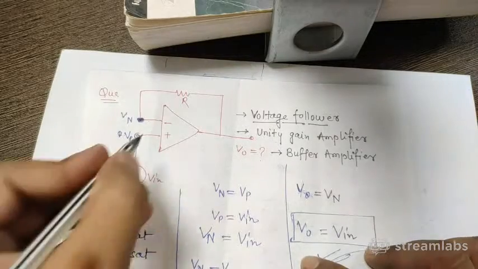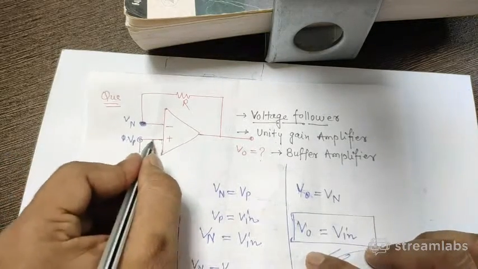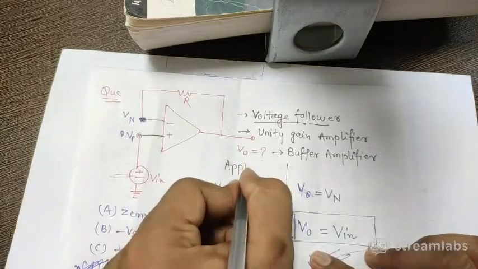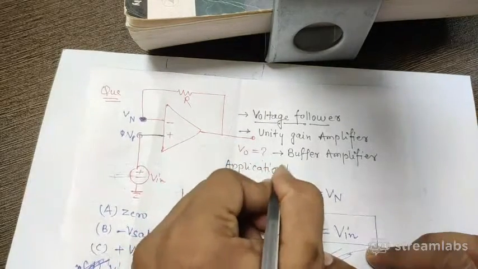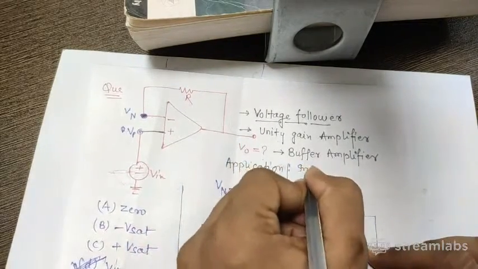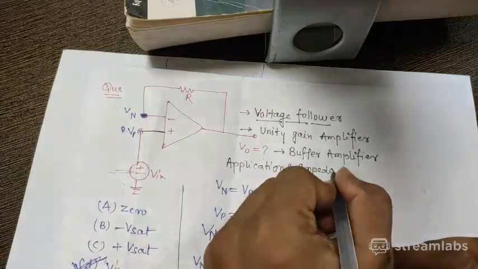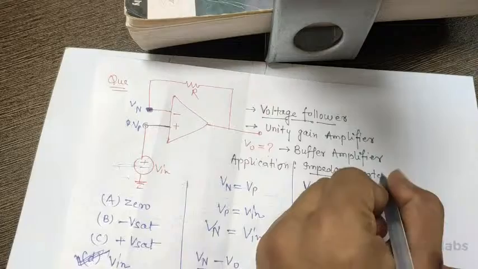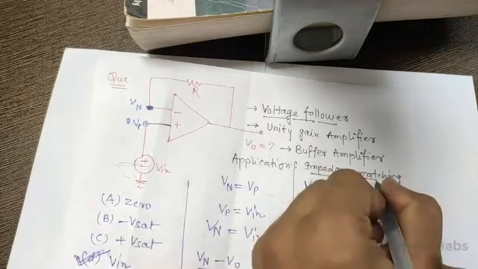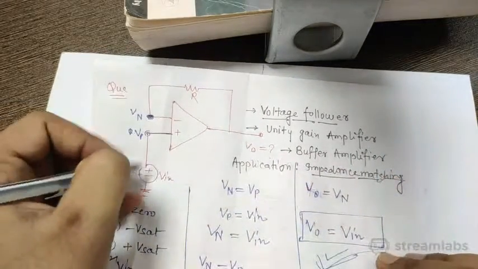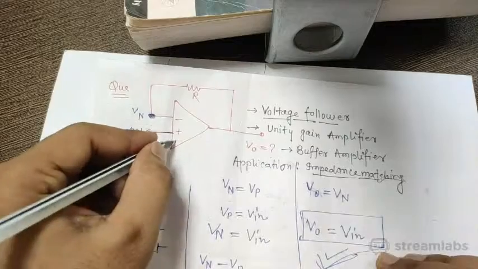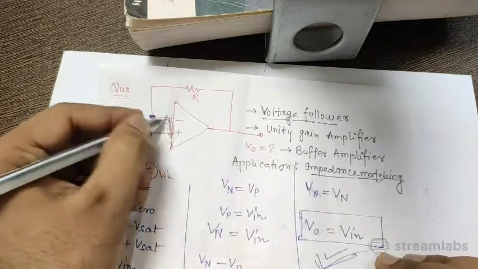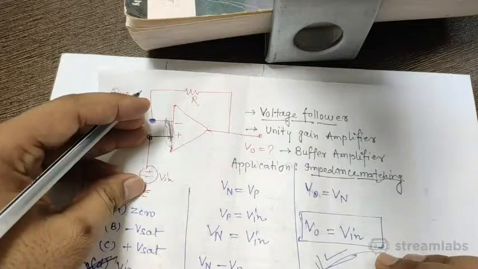But let me tell you its application. Okay Sakshi, I named it buffer amplifier. Before that, let me tell you that its application is in impedance matching, or load transfer. What is happening here? We are applying the input voltage to a very high input impedance, therefore the source loading effect will not come.